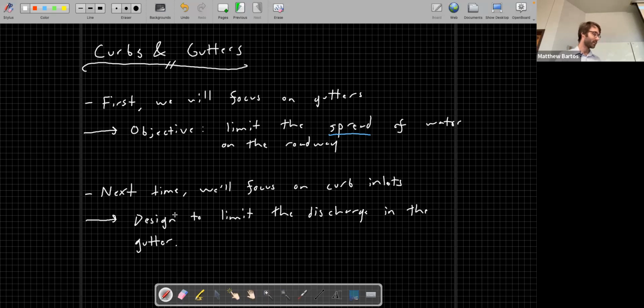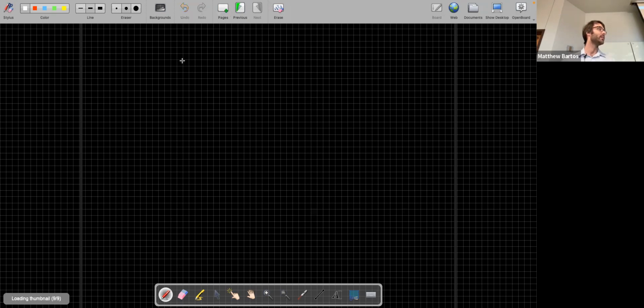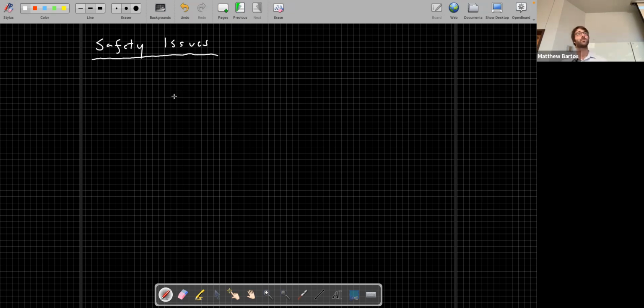Okay, so let's talk a little bit about this first component, our gutter design. Actually, more broadly, I'm just going to talk about design of curbs and gutters together. In designing curbs and gutters, there are three main types of issues. We're going to talk about safety issues, hydraulic issues, and cost issues associated with the design of both curbs and gutters.